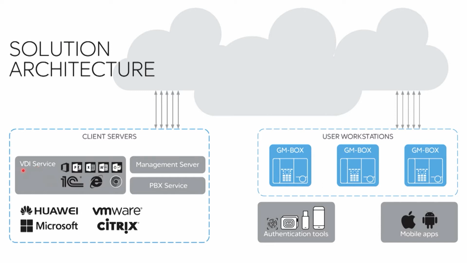This is the virtual desktop infrastructure, and we support a variety of platforms like VMware Horizon, Citrix, Microsoft. You can use even Huawei Fusion. So any broker that allows you to make virtual desktop infrastructure.